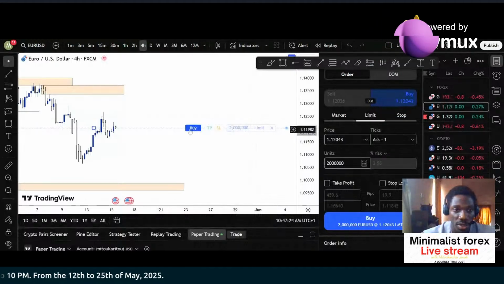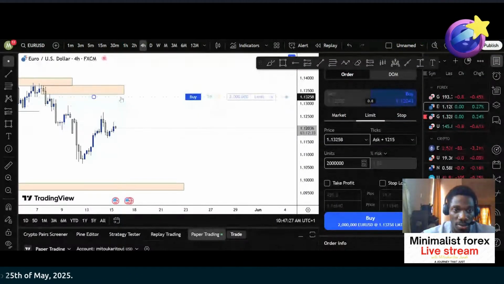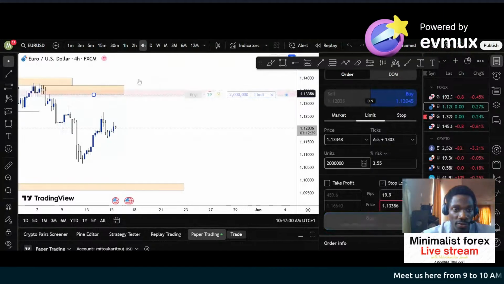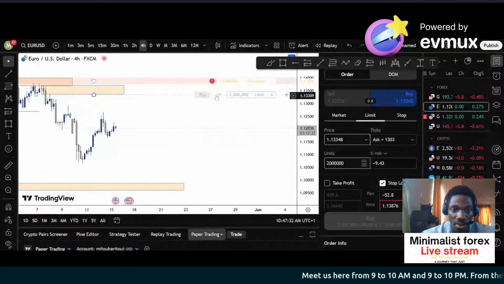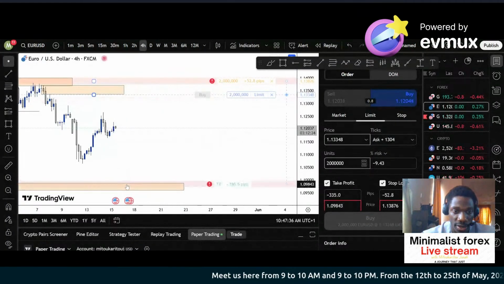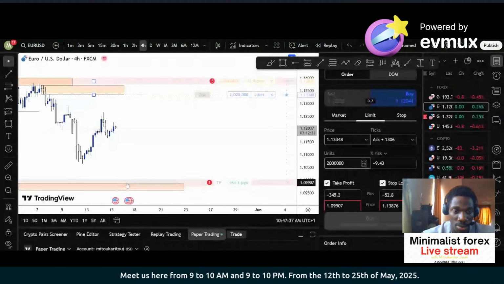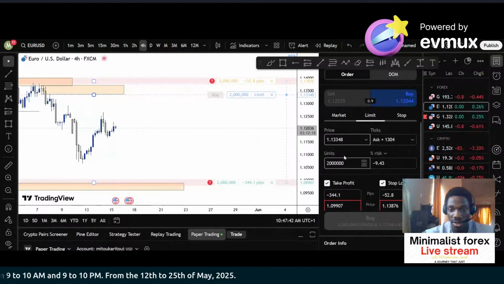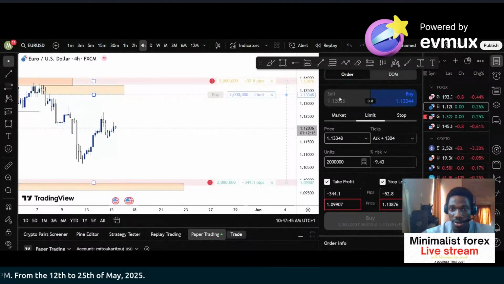I'm going to move this to this point. Stop loss above. Take profit at this target. So you see what I'm doing? I'm trading between supply and demand. I'm trading from supply down to demand. And I'm going to make this a sell limit.